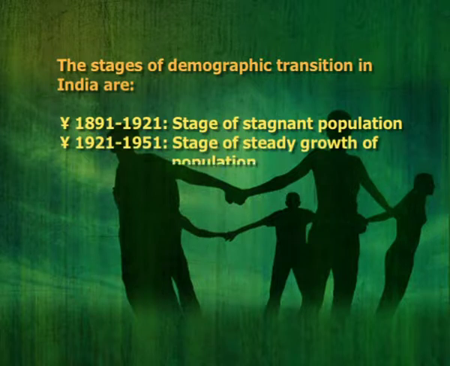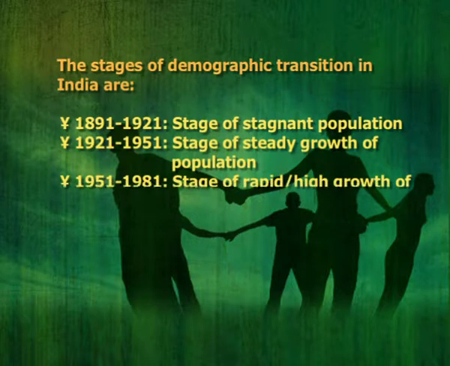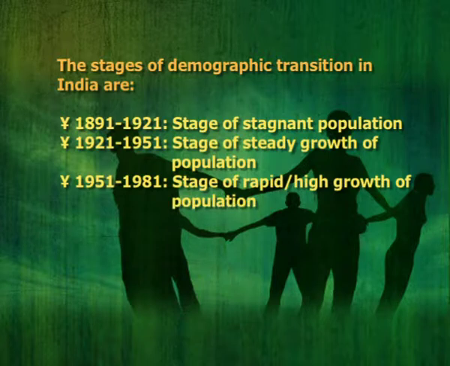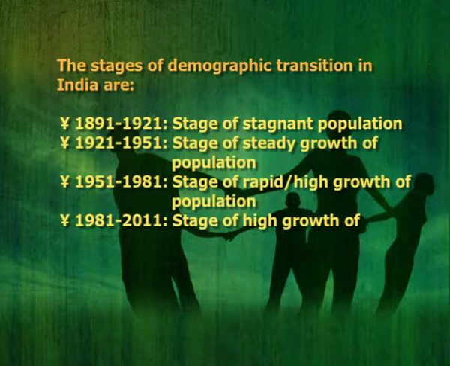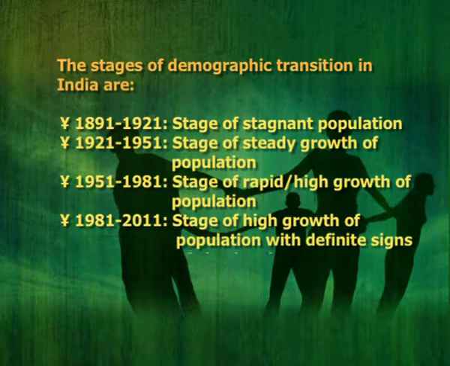In 1921 to 1951, stage of steady growth of population. The stage of rapid and high growth of population is seen in 1951 to 1981, and the spread from 1981 to 2011 is seen as the stage of high growth of population with definite signs of slowing down.